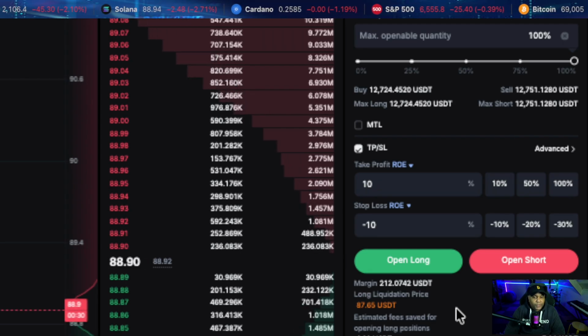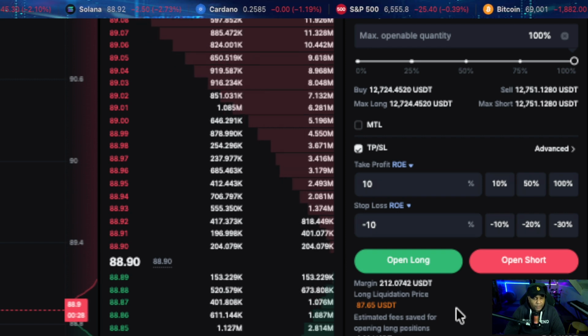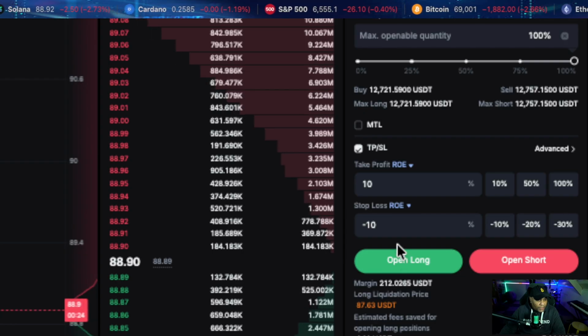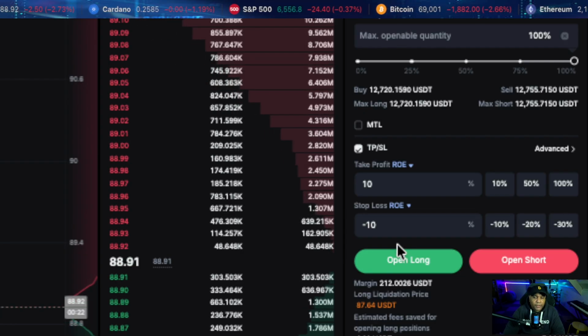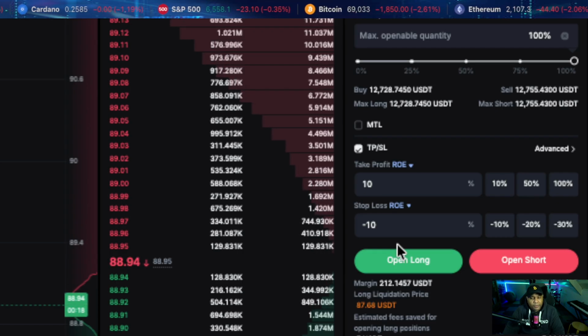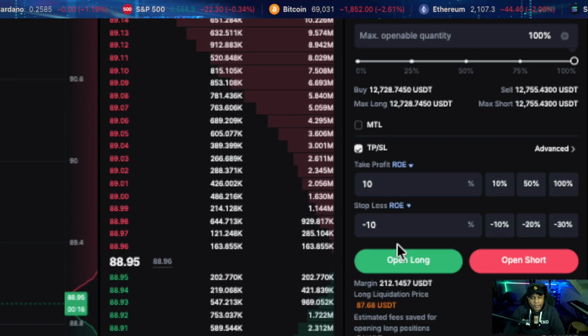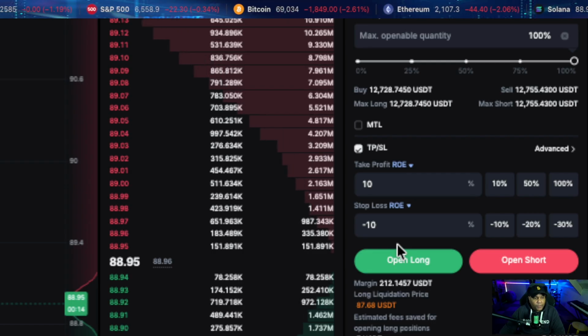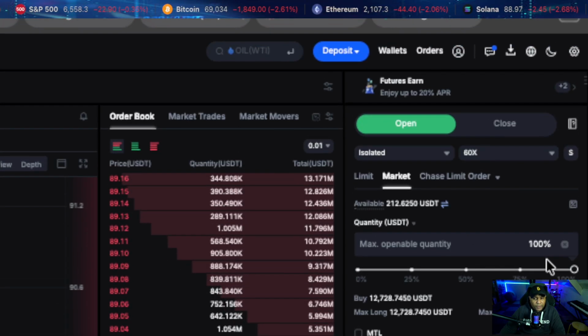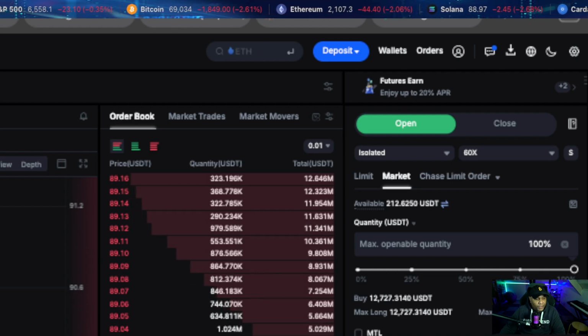So that's why we can protect ourselves, and we can protect ourselves by using, for example, a stop loss. So in this case, it's set at 10%. So for example, my current account has around $200. If I open my trade with, for example, 100%, so if we look here, we can see it's 100%, then I would open my trade.